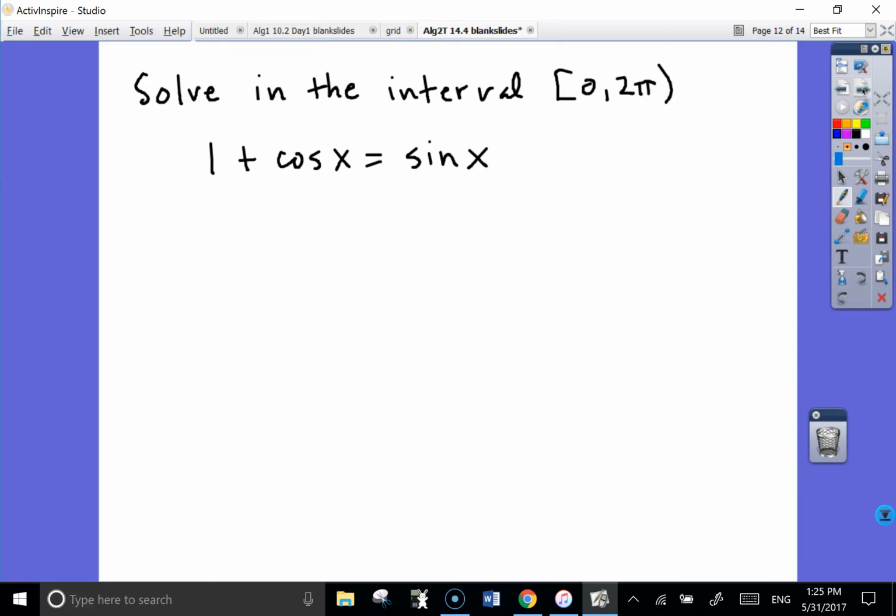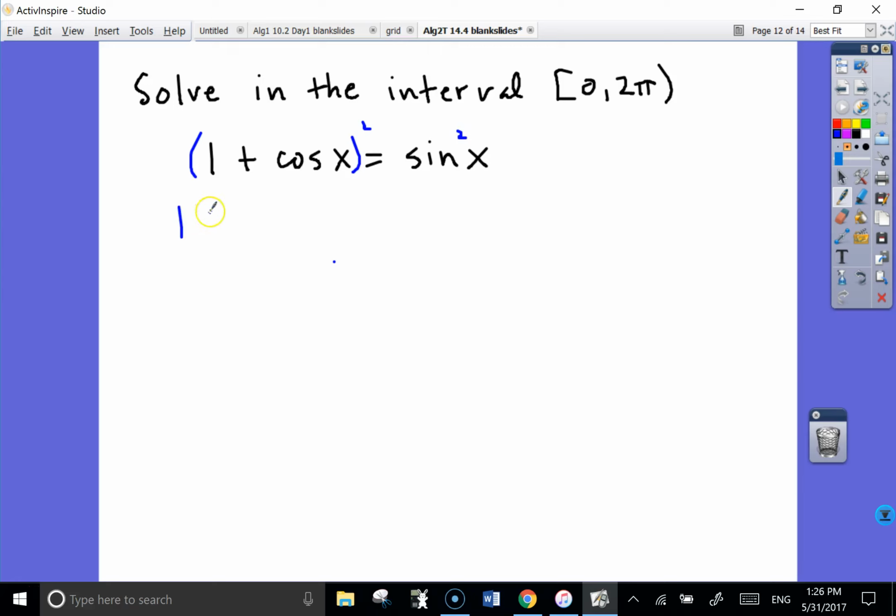So what you do is you square both sides. If I square both sides, on the left I'll have the FOIL: 1 plus 2 cosine x plus cosine squared. On the right I'll have sine squared. But I have a substitution for sine squared. I can turn sine squareds into cosine squareds, and then it's all the same thing. So when you get something like this, square both sides.